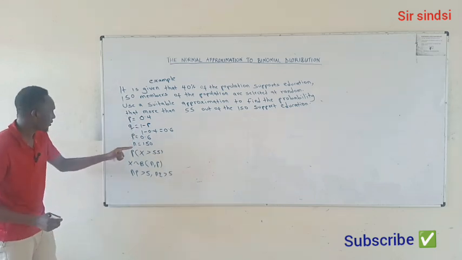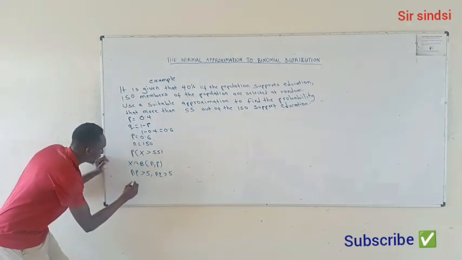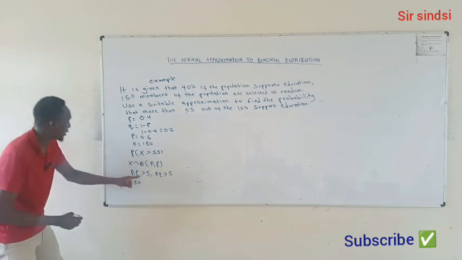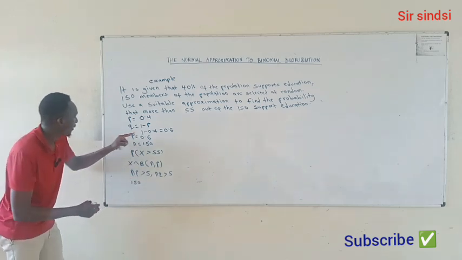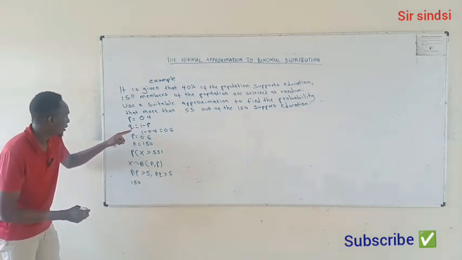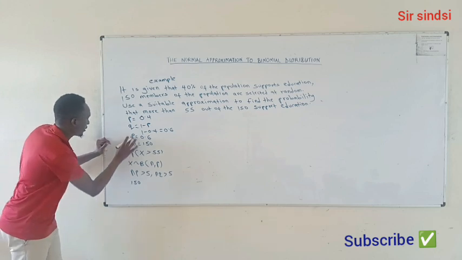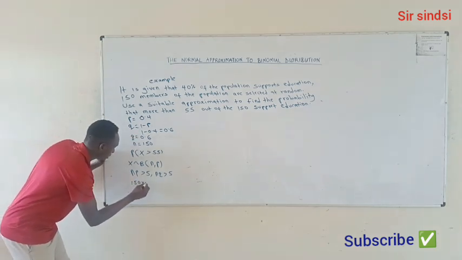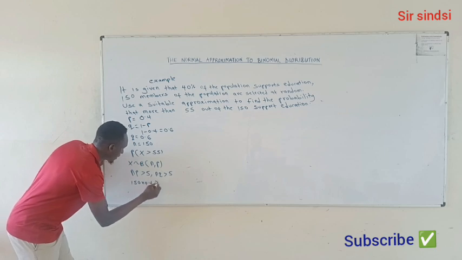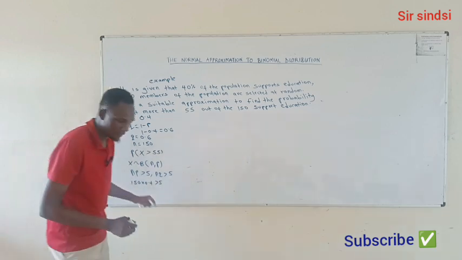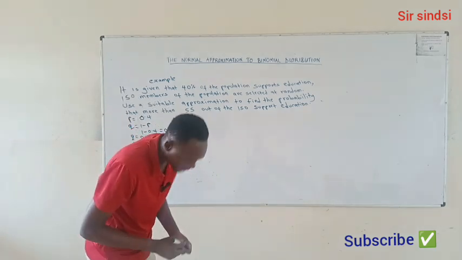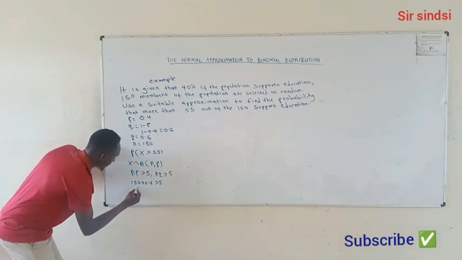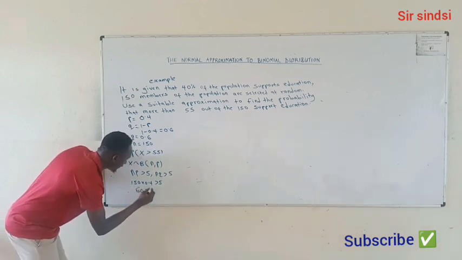Our N is 150, so we have 150 times P, which is 0.4. We find that 150 multiplied by 0.4 is 60, and 60 is greater than 5.